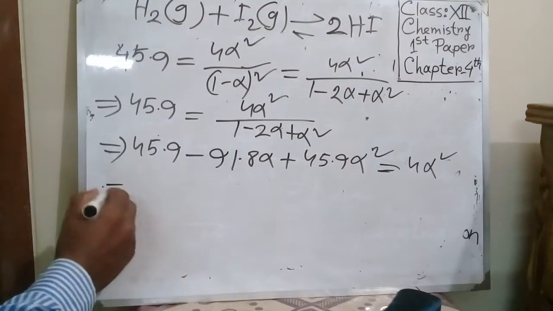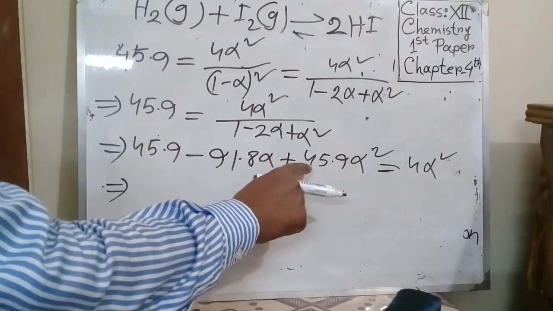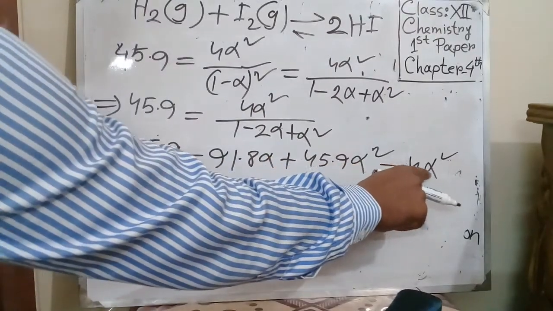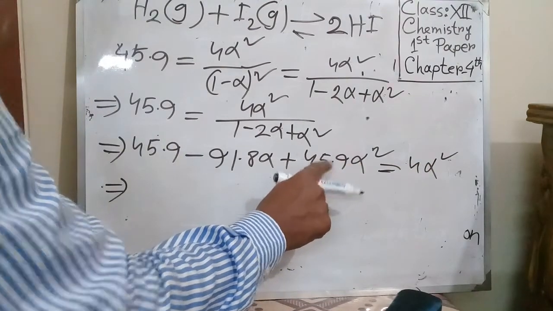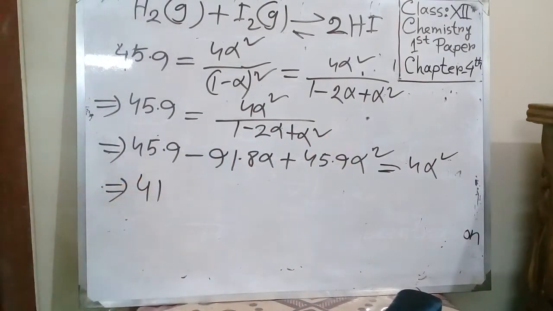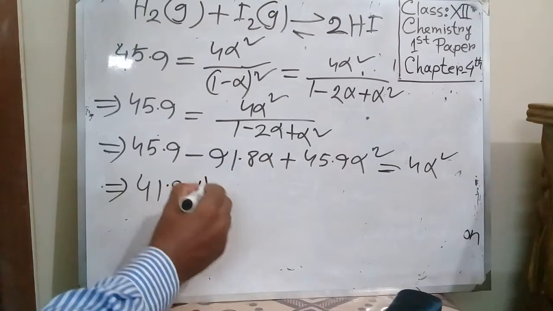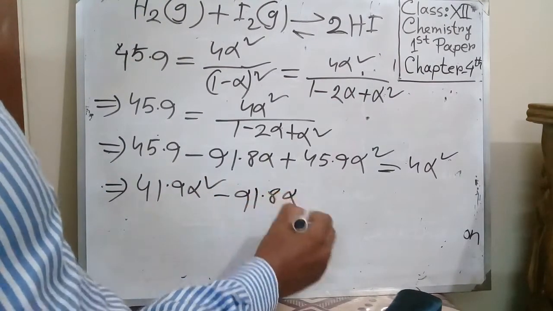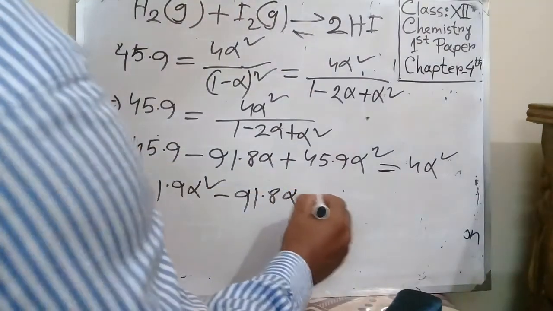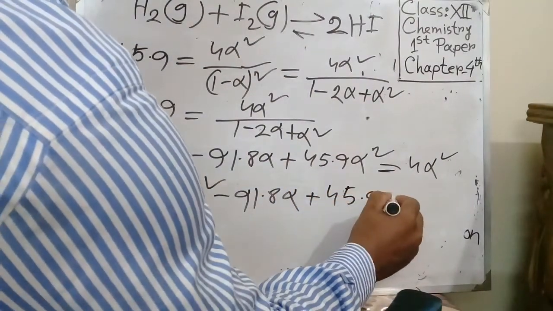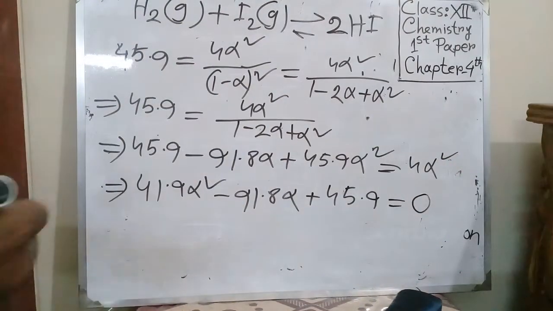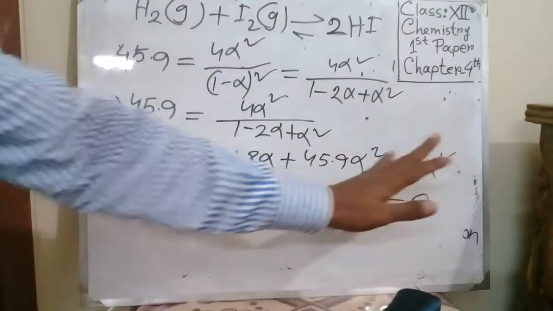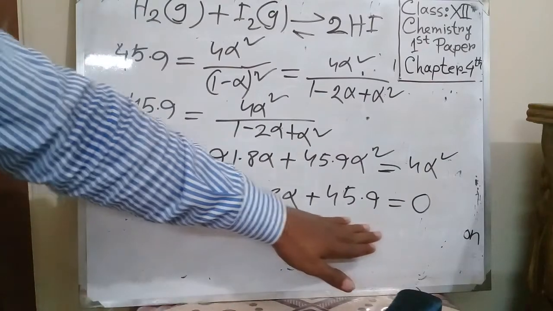I can get here 41.9 alpha square, I have already calculated, you will calculate at home. Then minus 91.8 alpha, and plus 45.9 equal to 0, because I have taken this one to the left side from the right side, so there will be 0. So finally I have got it.